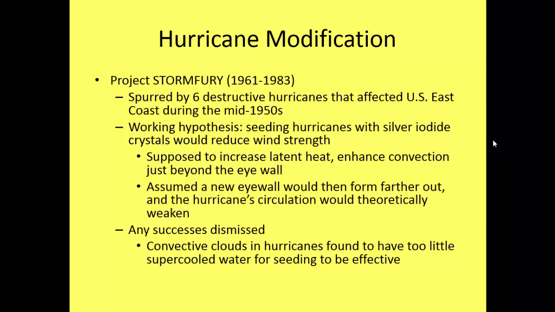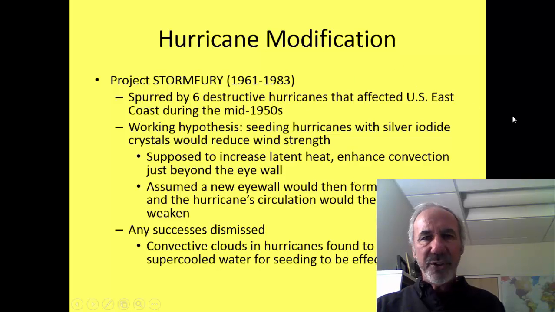Really, the jury's out on this, and we have had very limited to no success in doing this. And you can see Project Storm Fury. We've curtailed the program. That's not to say we might attempt something like this in the future, but for now, it doesn't really seem like we have a way of being able to do this.